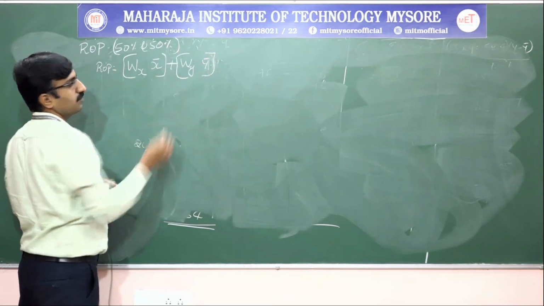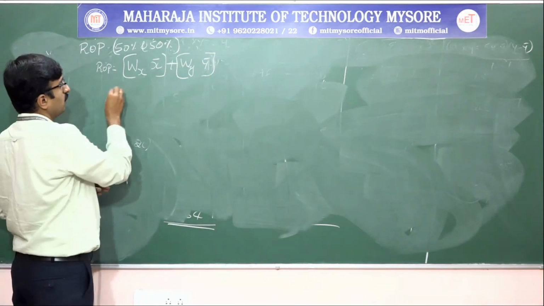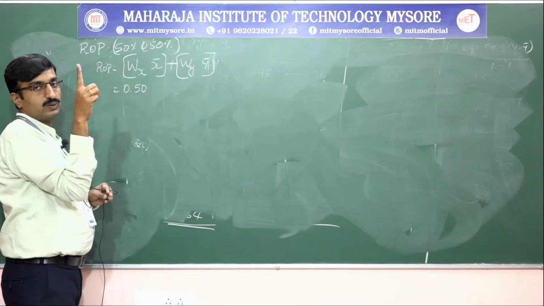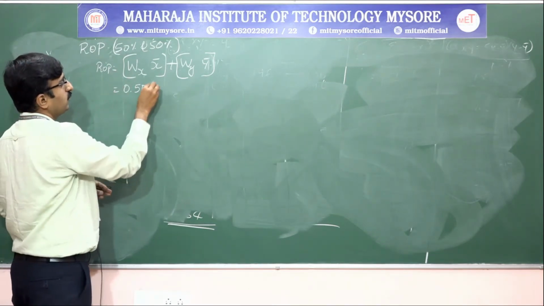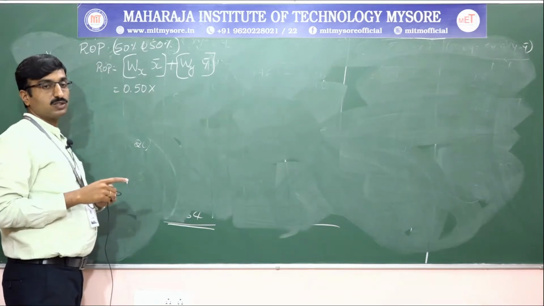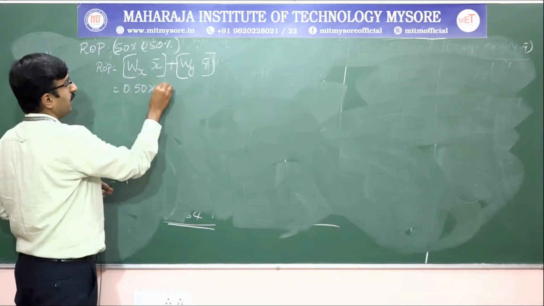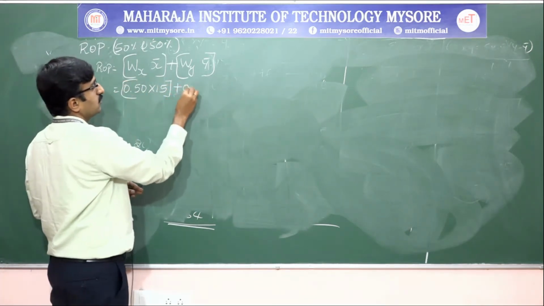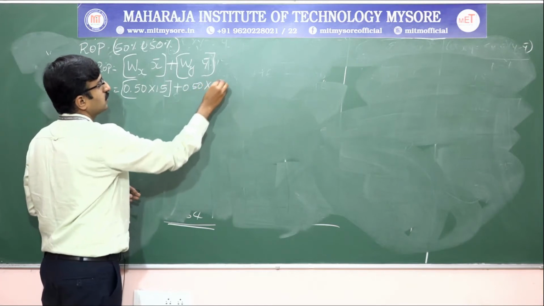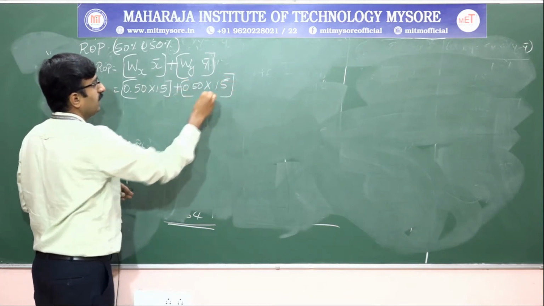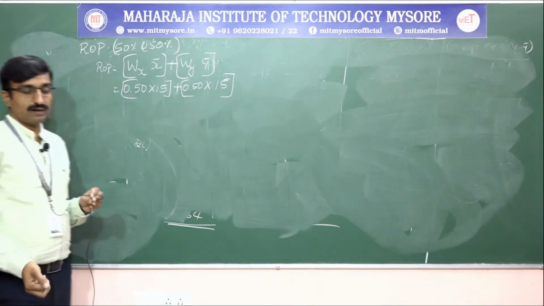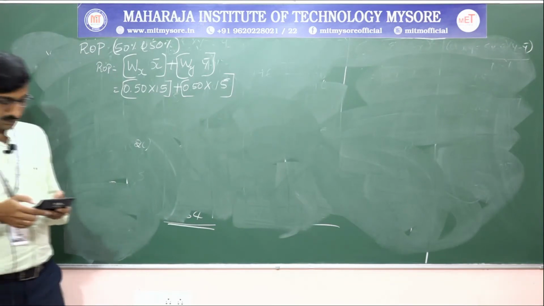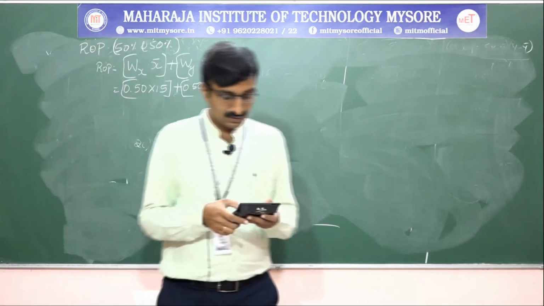Weight of X is 0.50 into X bar, which we calculated as 15, plus weight of Y 0.50 into Y bar, also 15. Find the value of ROP.